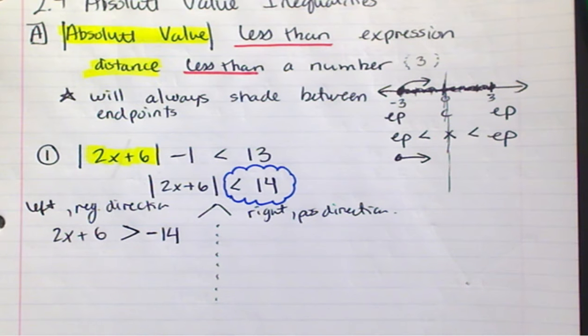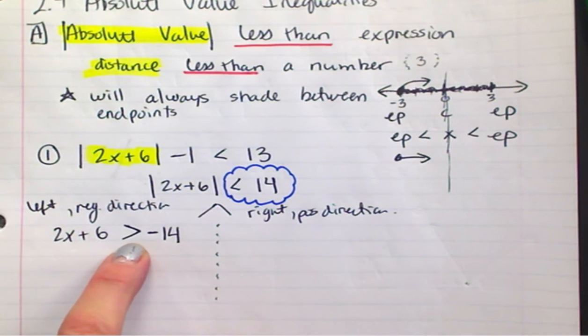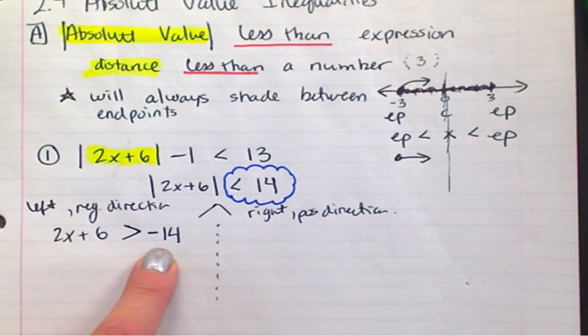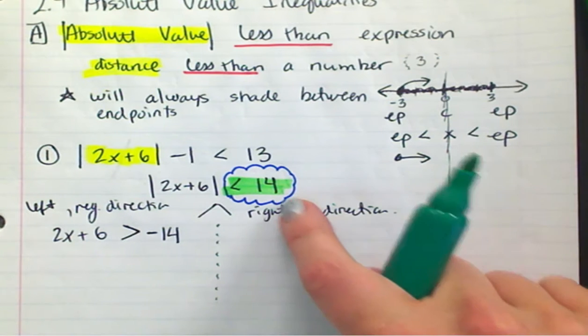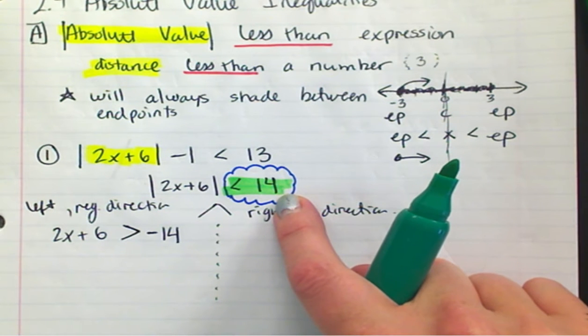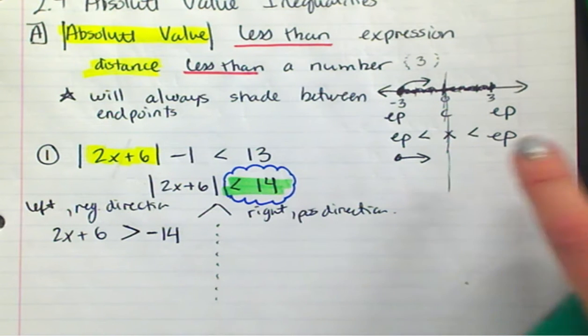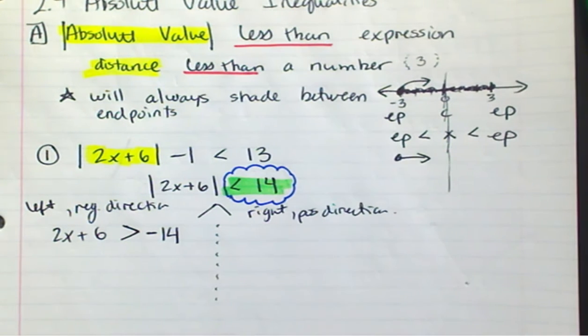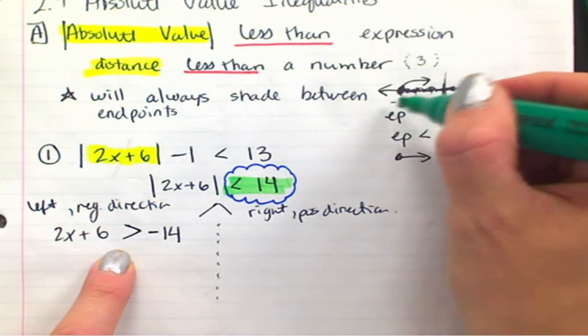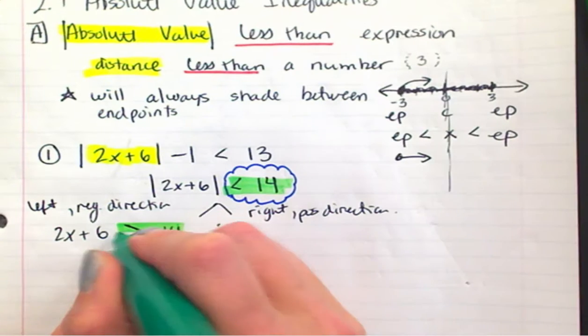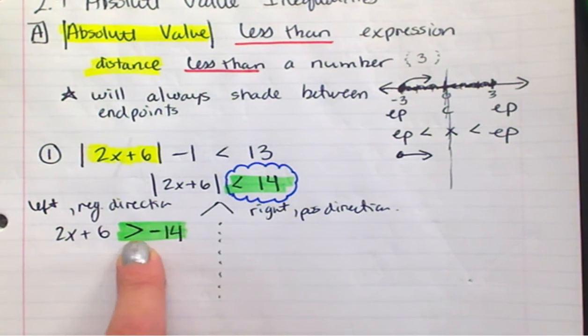This is understanding why you're changing that sign to greater than and why you're changing that sign to a negative. This is where I started. I need distances that are less than 14. So I need to shade between the two endpoints. That's the only way to get distances less than a number. On the left side, I need these to go to the right of the negative direction. The greater than means to the right of the negative direction.